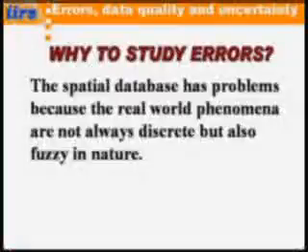The spatial database, whatever we use, has problems because real world phenomena are not always discrete but also fuzzy in nature. You might have heard when we talked about data models, raster and vector data models, that some of the features are discrete and some are continuous, object and continuous features. Discrete features are, for example, an administrative boundary, soil boundary, or forest boundary.